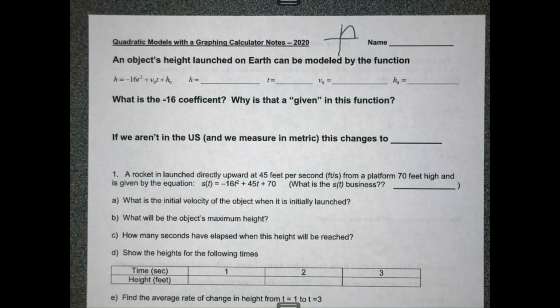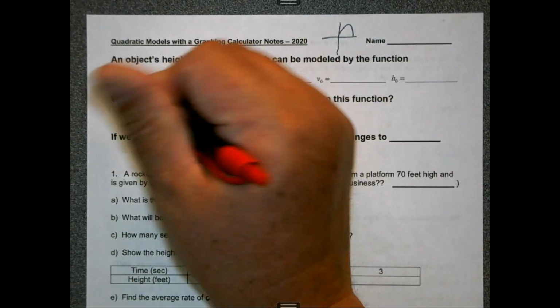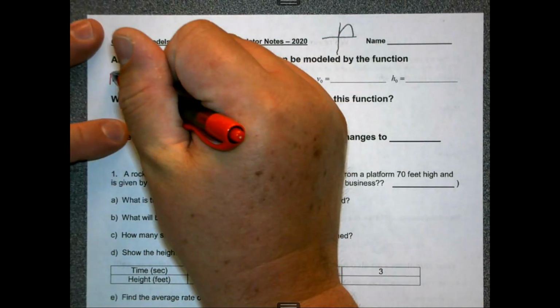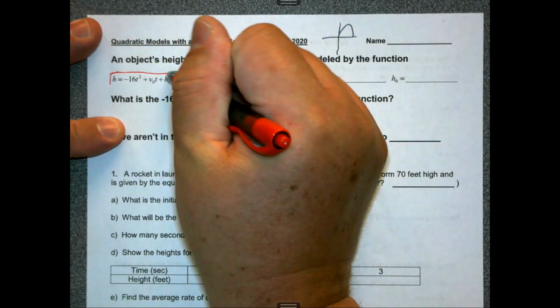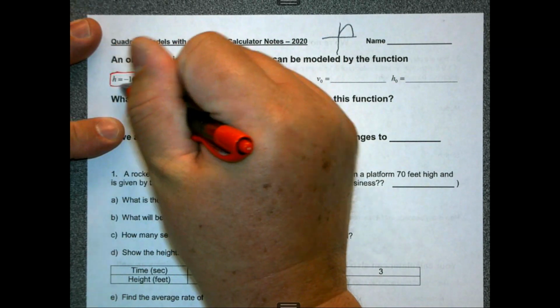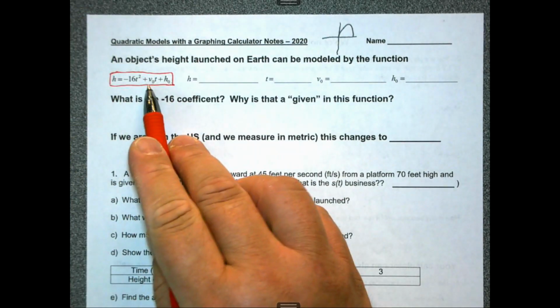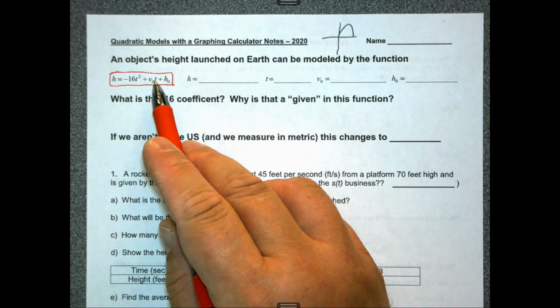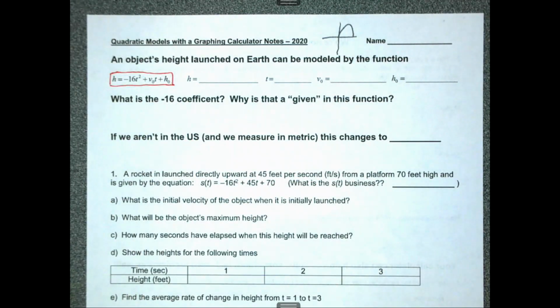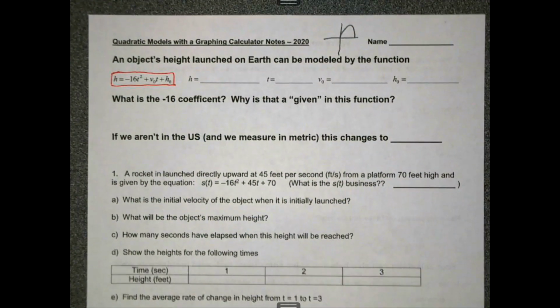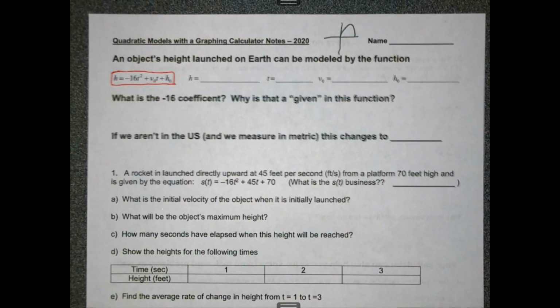All right, we use a function h equals negative 16t squared plus v naught. Now you could call that v zero or v sub zero. When I learned it, it was v sub zero, and then the younger generation use v naught and h naught.